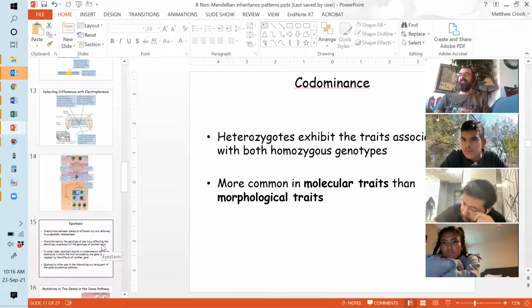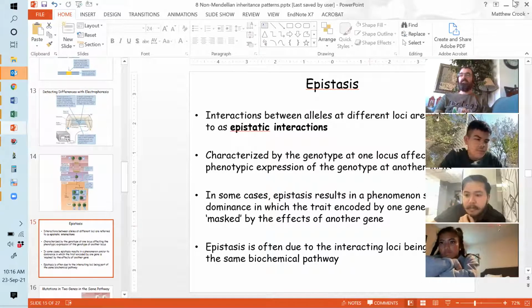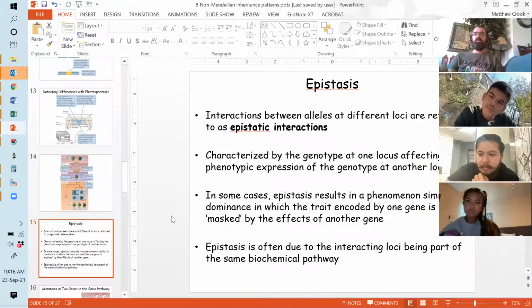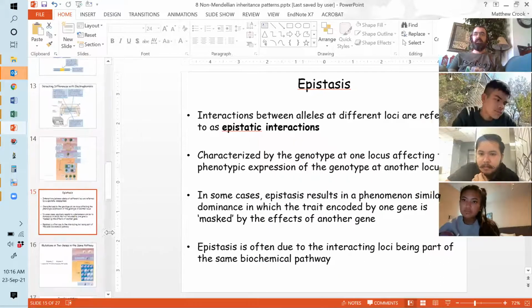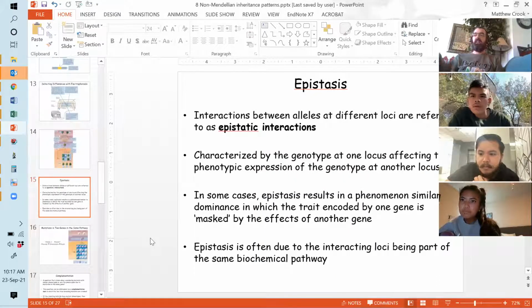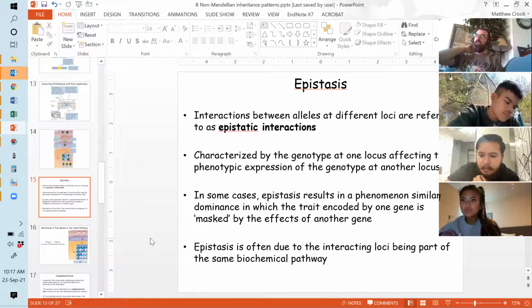Now, this one is what I would call a doozy, which I know that most people don't actually know what that means. It's actually a very complex and interesting phenomenon to talk about.